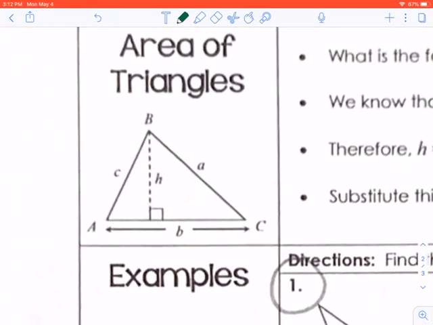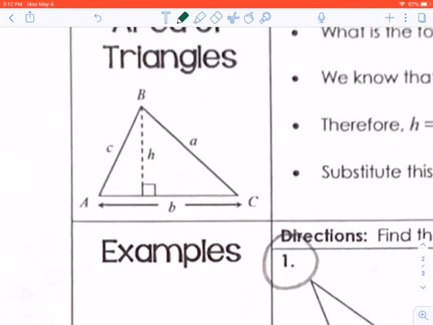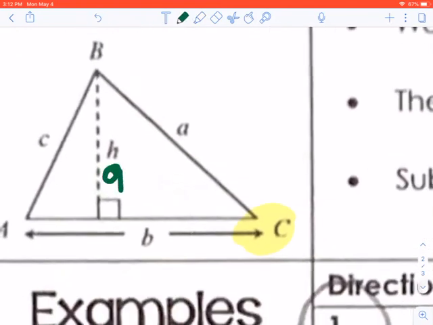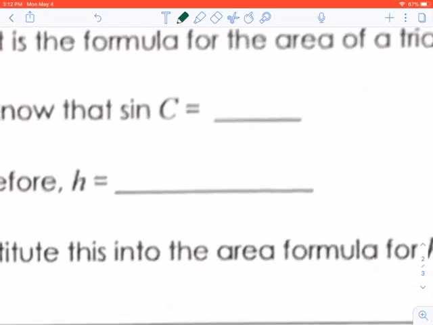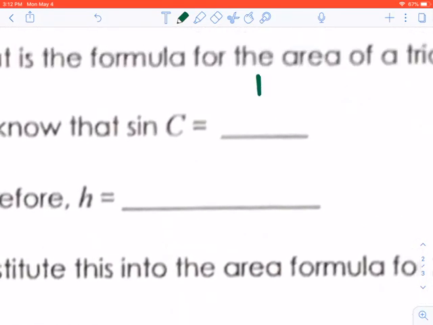But we're going to incorporate it with trigonometry now, right? If I look at this angle C, okay, the sine of C is going to be the opposite over the hypotenuse. And so the sine of C will equal h over a.